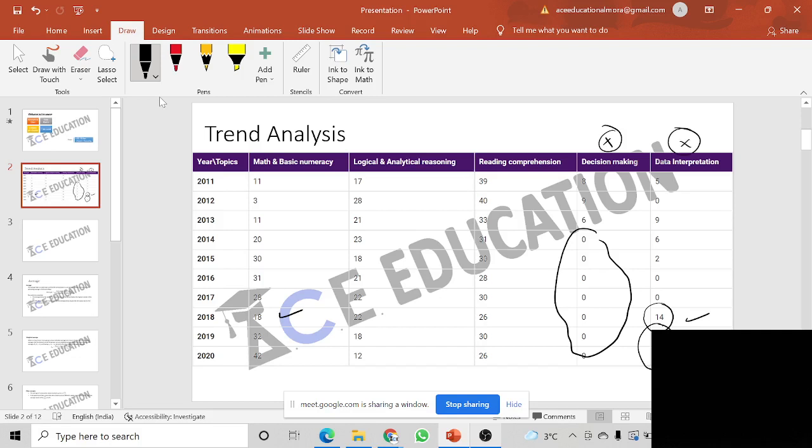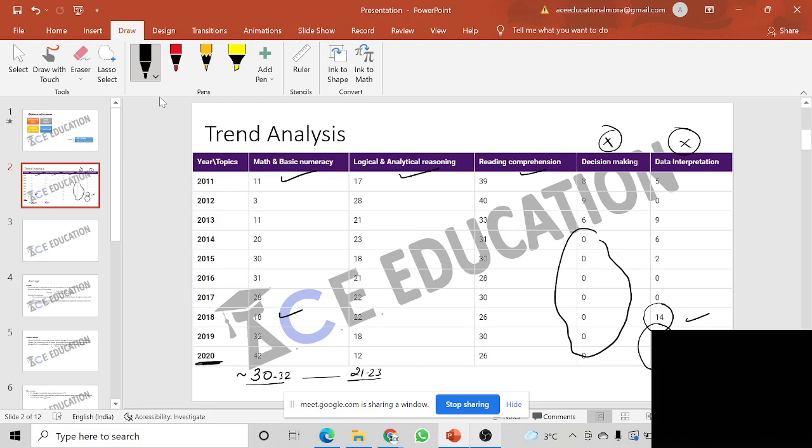All right. So we are left with quants, reasoning, and English. Over the years, if I see the trend, 2020 being a little of an aberration, what I can say is roughly we can expect close to 30-32 questions here, and almost somewhere close to 21 to 23 questions here.